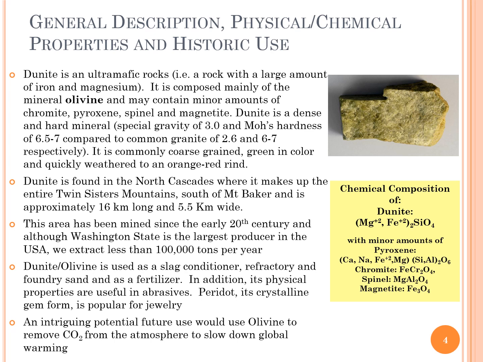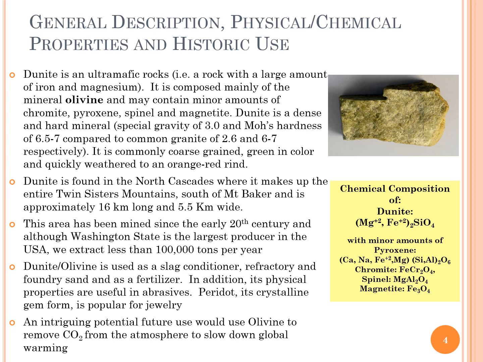In addition, its physical properties are useful as abrasives and other types of characteristics make it particularly useful for heavy industry. Olivine's gem characteristic is known as peridot, a popular crystalline gem. It's used in jewelry, and it makes beautiful green gemstones.